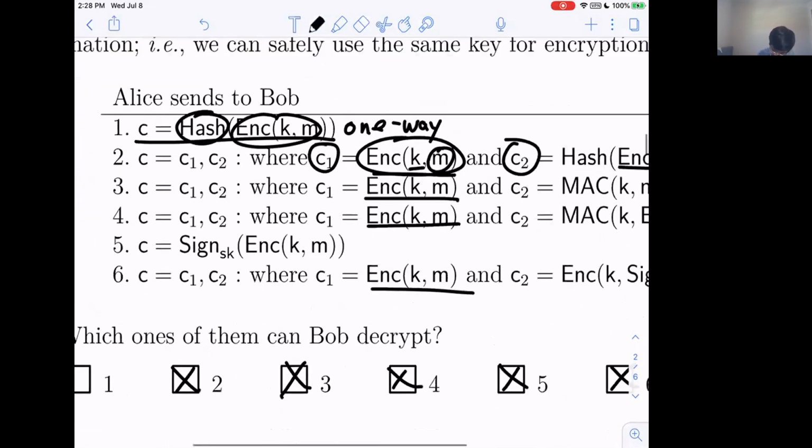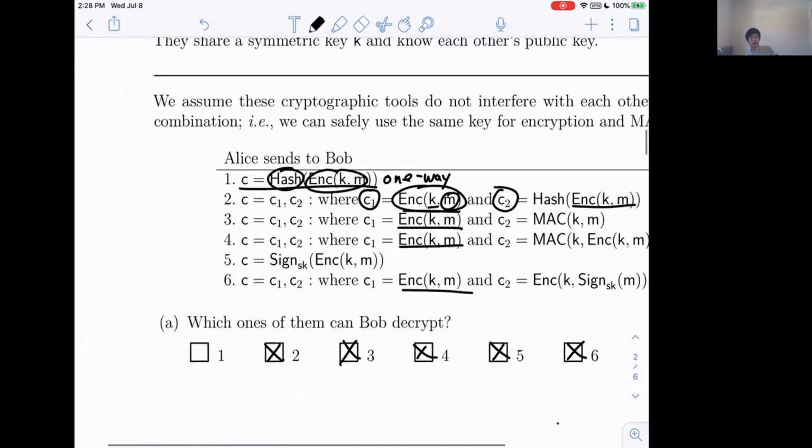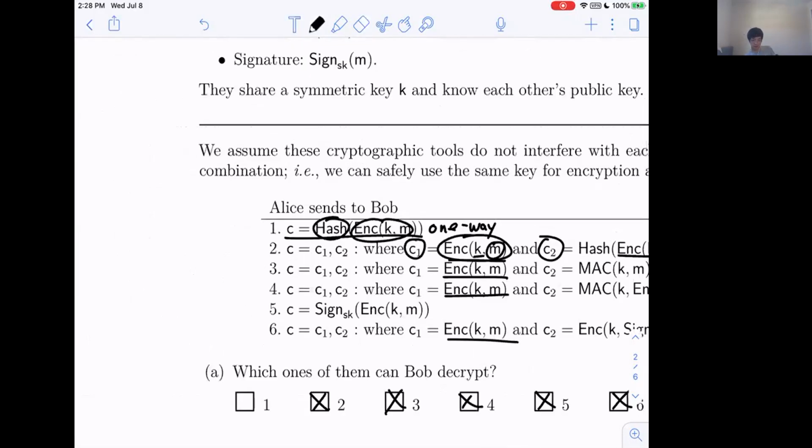How about number 5? You said we could, so how would we get back M from this? Well, you can reverse the sign function by using the private key, I believe, or the secret key, and then you can decrypt it using the symmetric key.